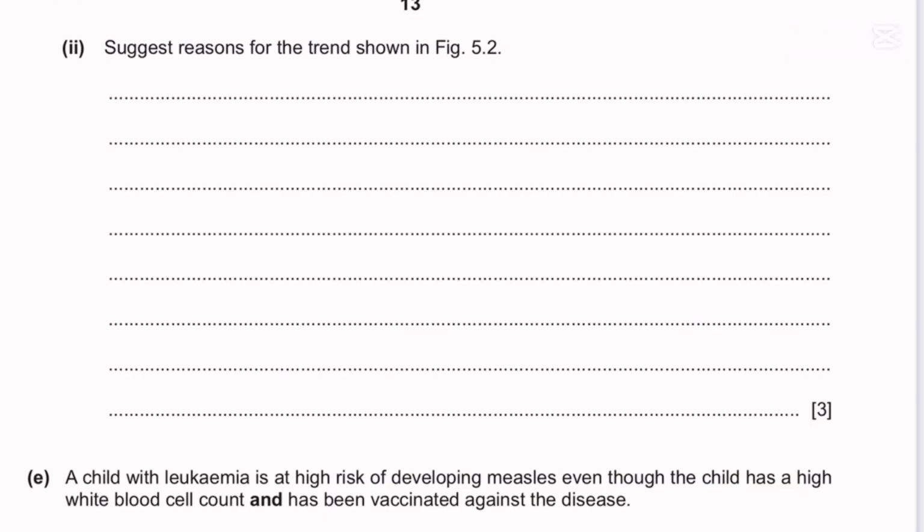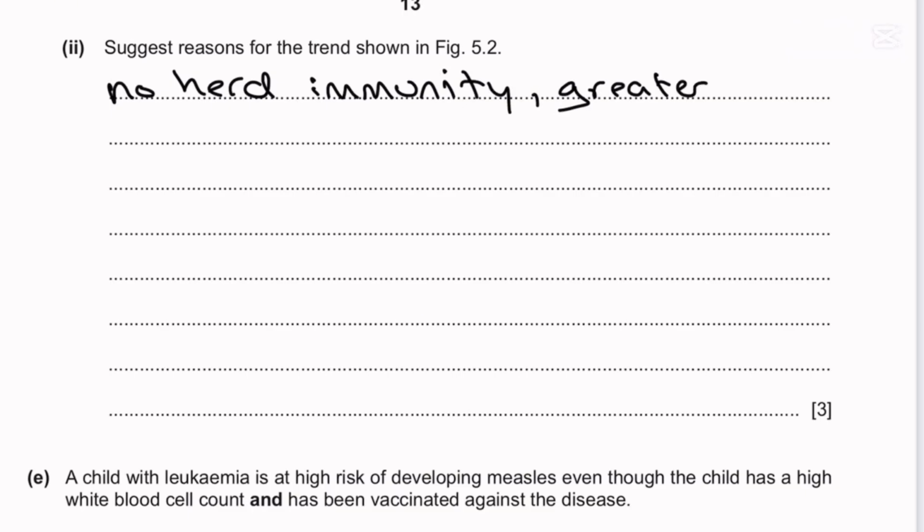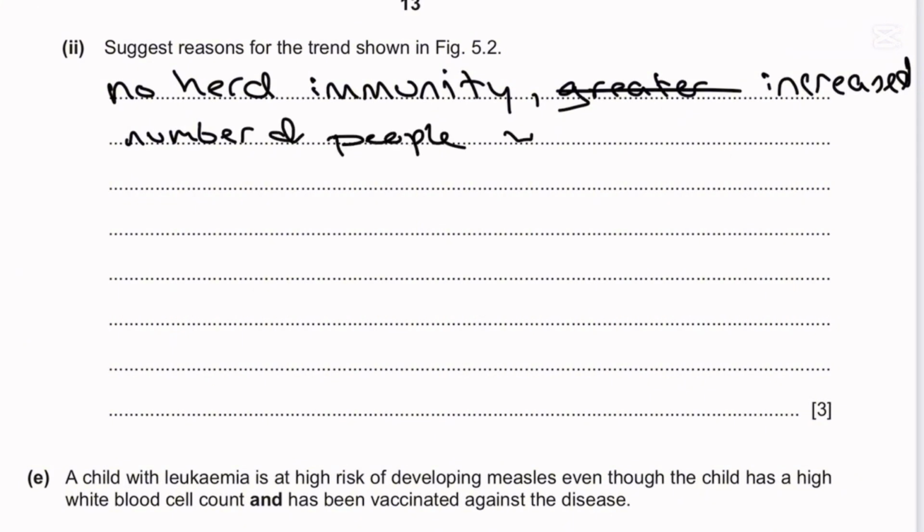So again, there's no herd immunity, and there's obviously an increased number of people per year, with more people being unvaccinated.